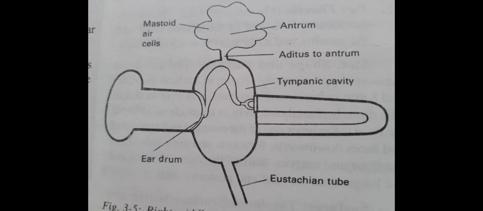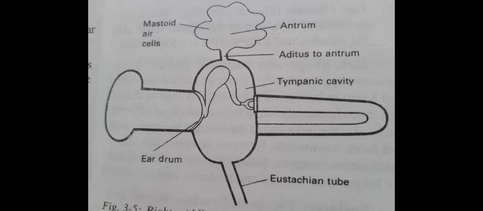This one is the external auditory canal. The size of this external auditory canal is approximately 2.5 centimeter in length. It extends from the bottom of the concha to the eardrum. Eardrum is the tympanic membrane.